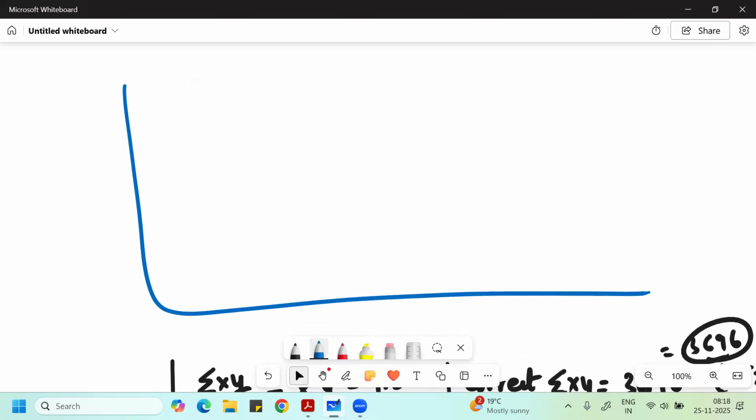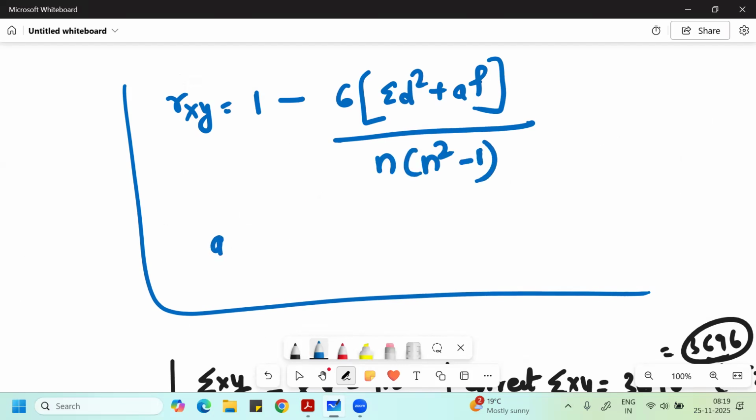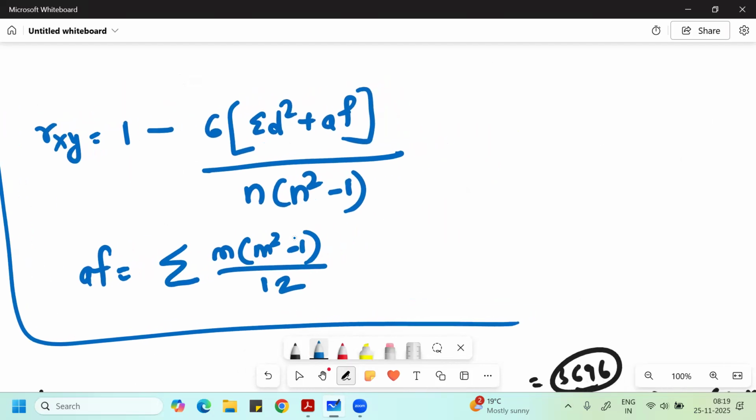So basically, the Spearman rank correlation formula is 1 minus 6 times the sum of d square plus the adjustment factor, divided by n into n square minus 1. The formula of the adjustment factor is the summation of m into m square minus 1 by 12.